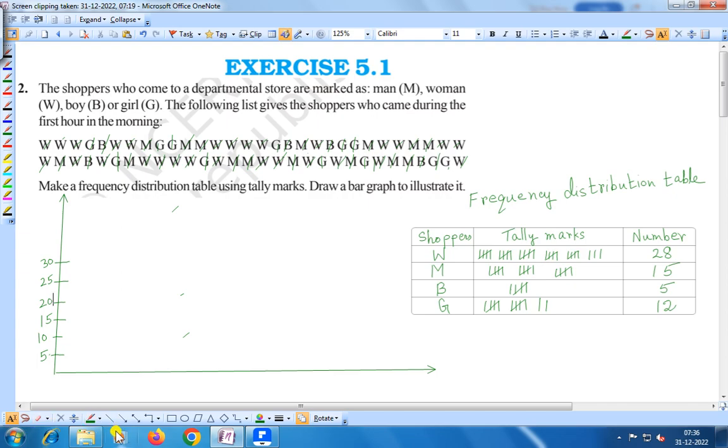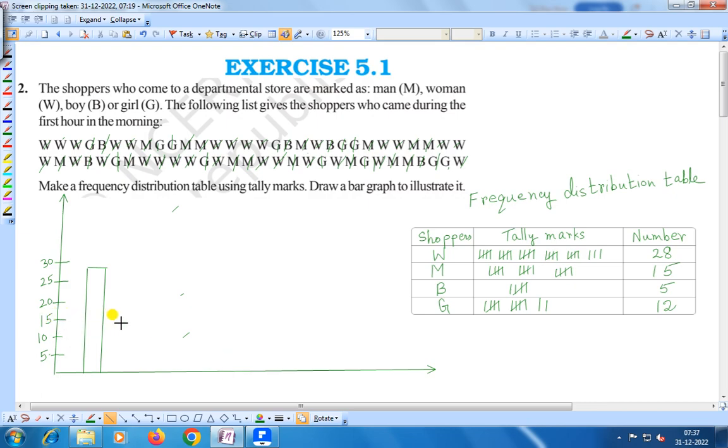Let us make the bar graph. Right. Bar graph we can write in this way. This one is 25, 26, 27, 28. This one is 28 women, and men is 15.